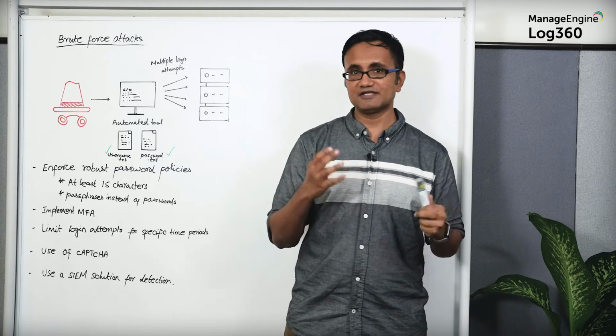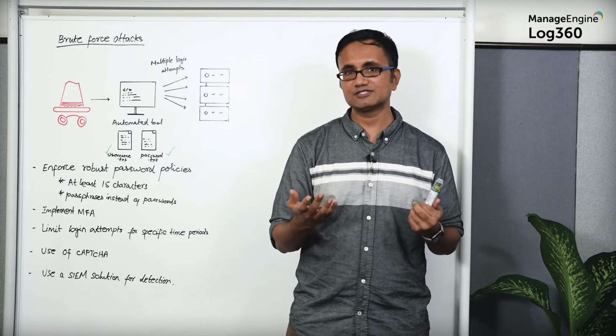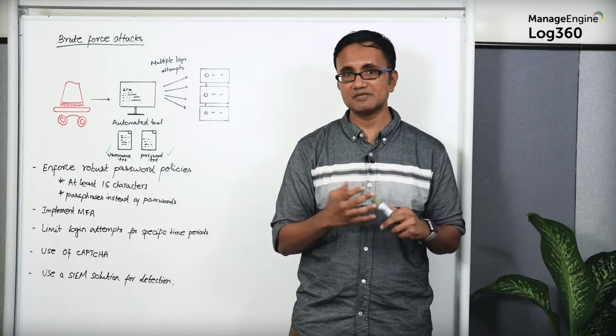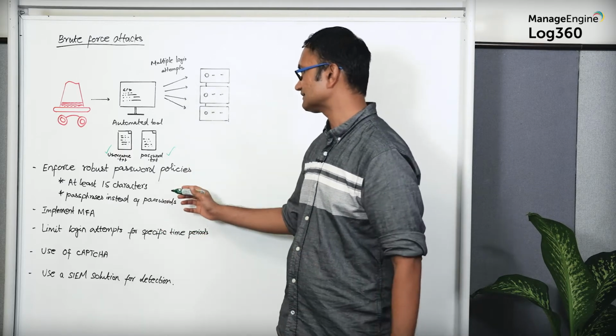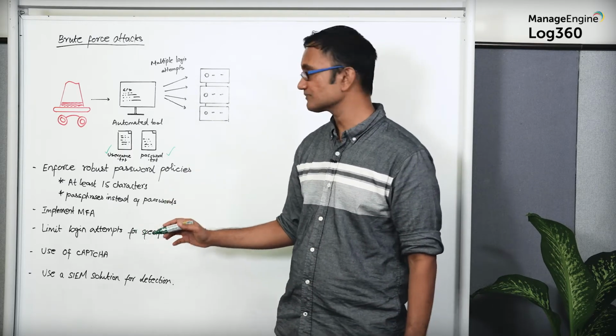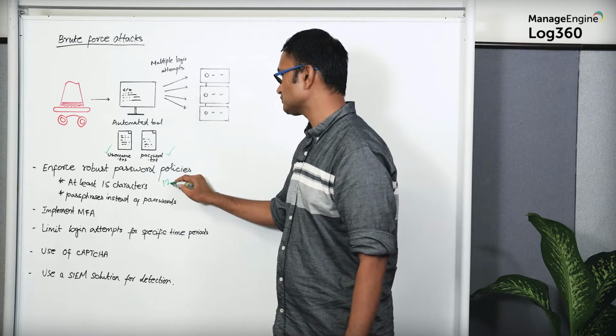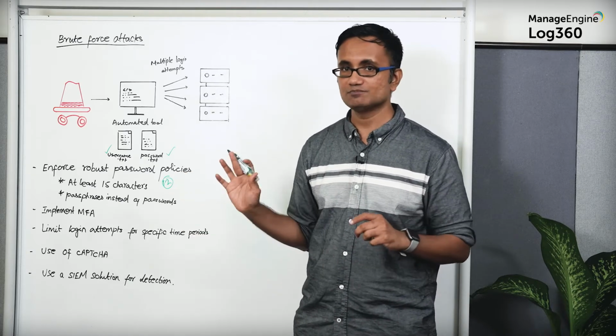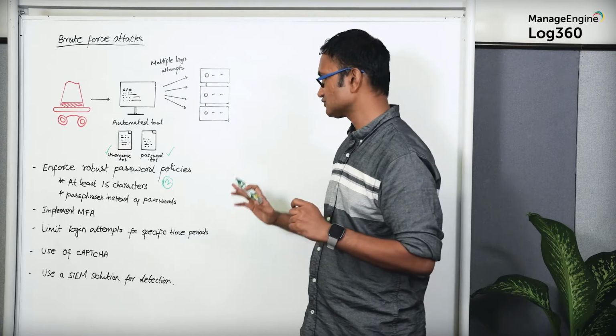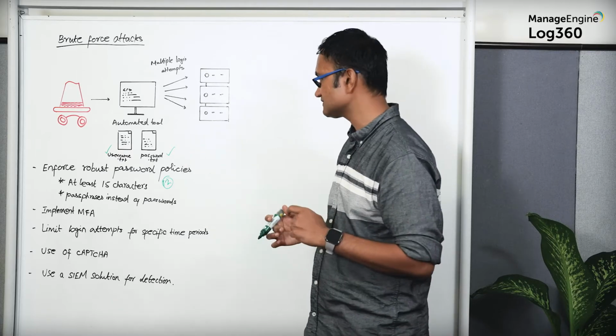But even so, if it is just 8 characters long, it's probably going to take an attacker about 39 minutes to compromise that password. So have passwords that are at least 15 characters long. If not 15 characters, at least 12 characters long. That should do the trick. And it should be of sufficient complexity. So make sure that that is one of your password policies.